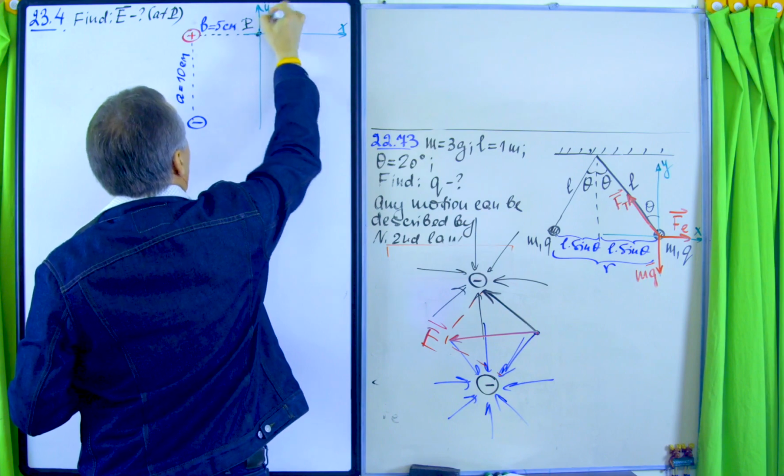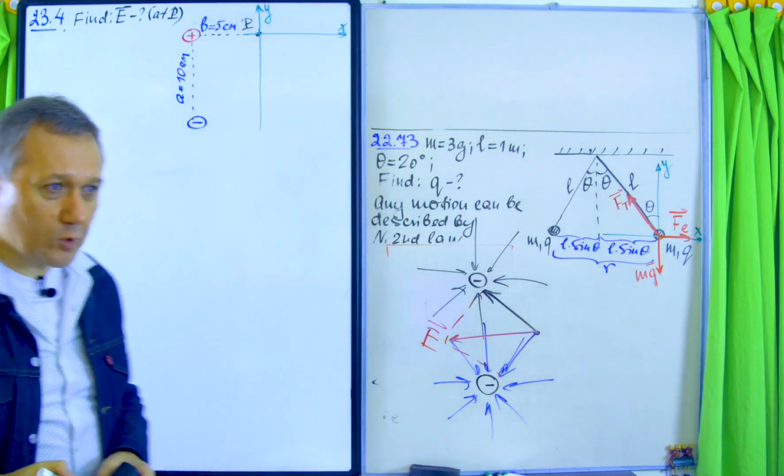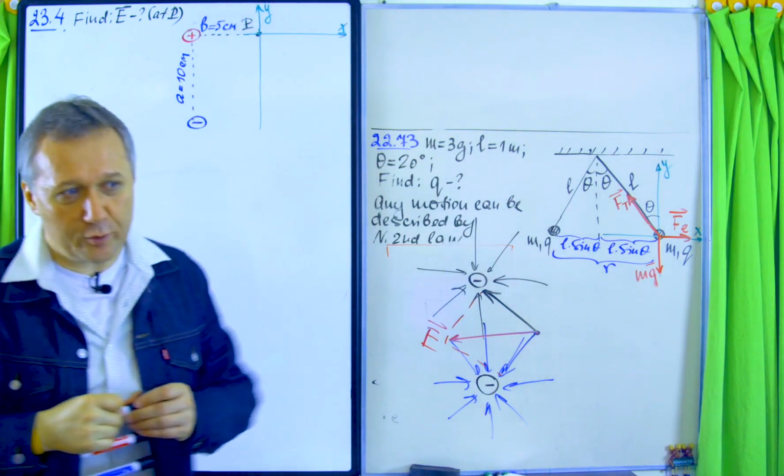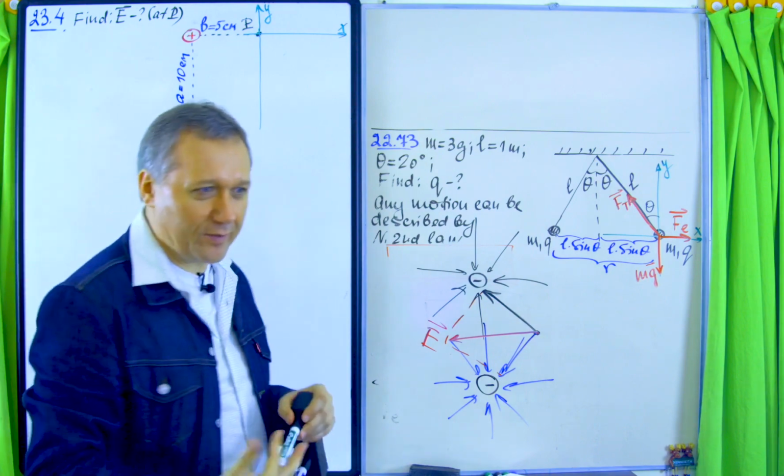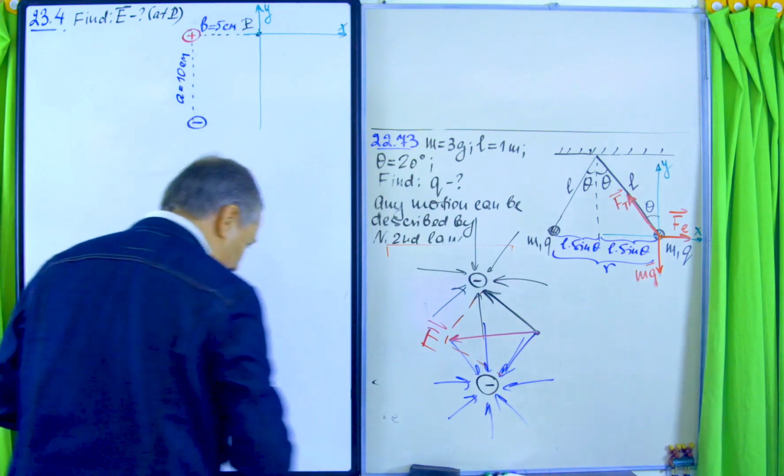So this is y, and that is x. So that is my coordinate system. After introducing the coordinate system, I feel much, much better. I hope you share my feelings.